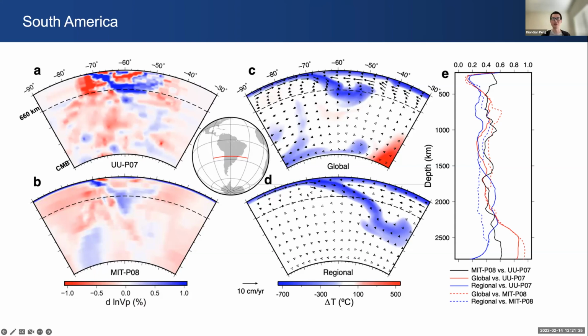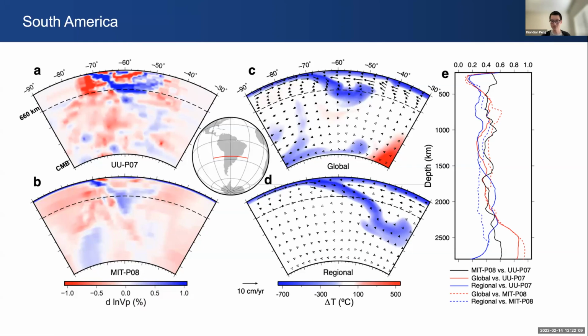But looking at the results in the global and regional models, the global model has produced a slab structure which is very similar to tomography. But in the regional model, the slab goes into the lower mantle directly. This is a very prominent difference. And another difference is that in the global model, there are cold anomalies beneath the Nazca slab.